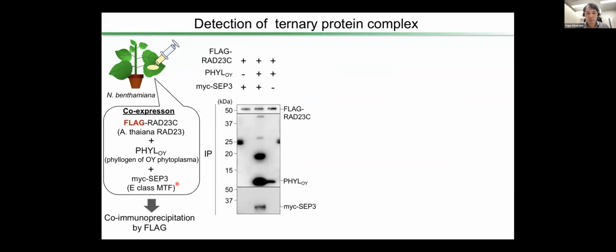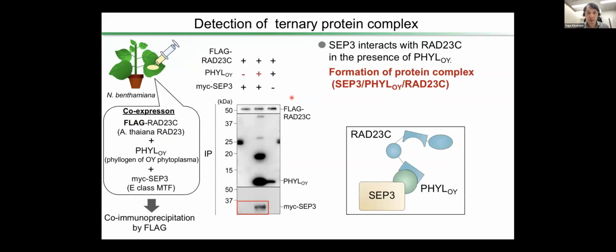These proteins were co-immunoprecipitated by the FLAG tag. In the absence of PHYL1-OY, SEP3 does not interact with RAD23C, but in the presence of PHYL1-OY, SEP3 and PHYL1-OY interact with RAD23, indicating that PHYL1-OY induces the formation of a ternary protein complex.